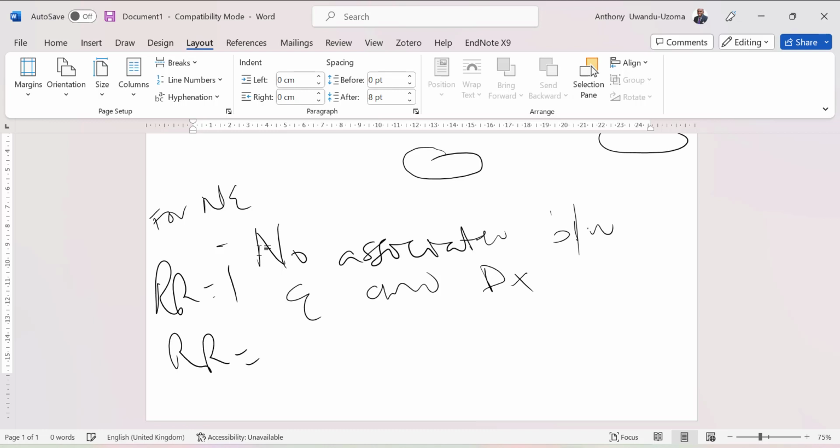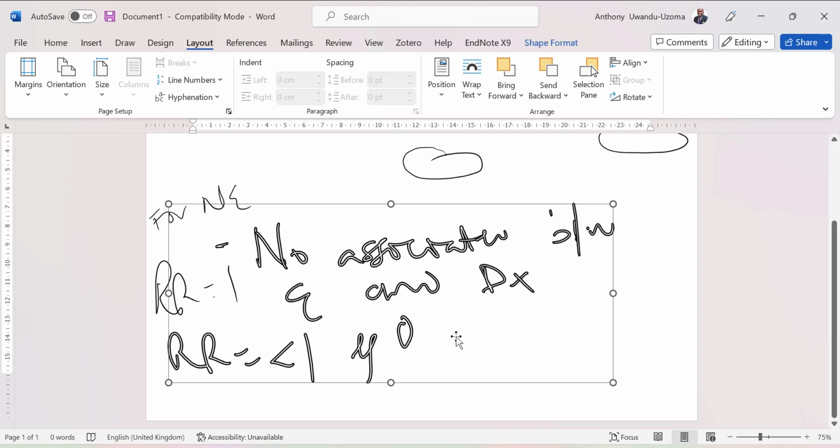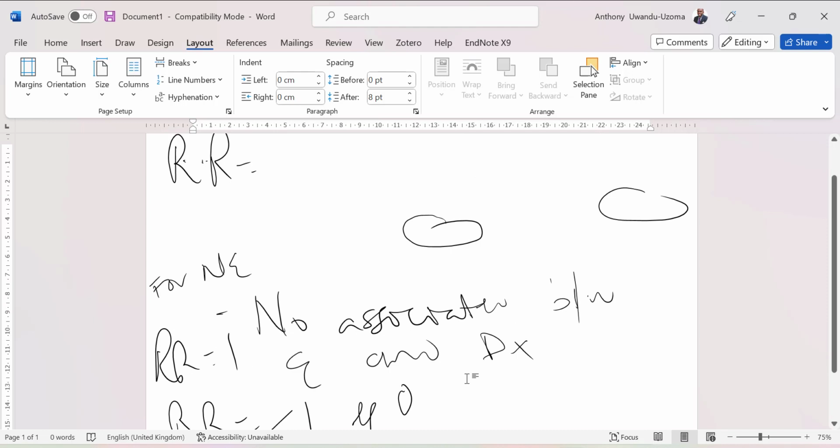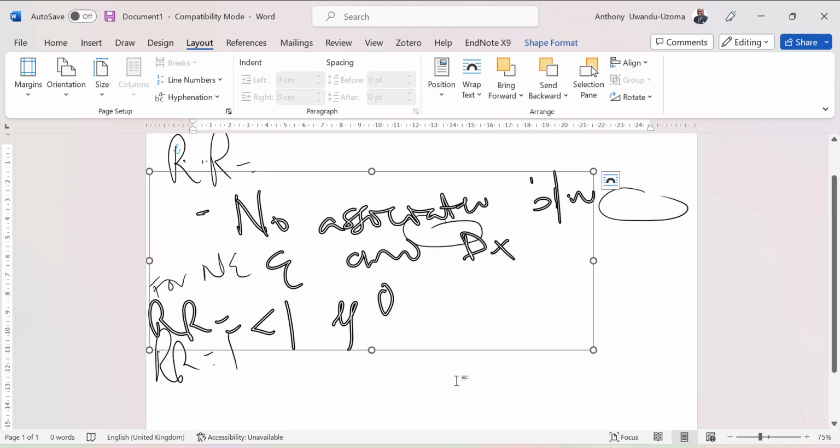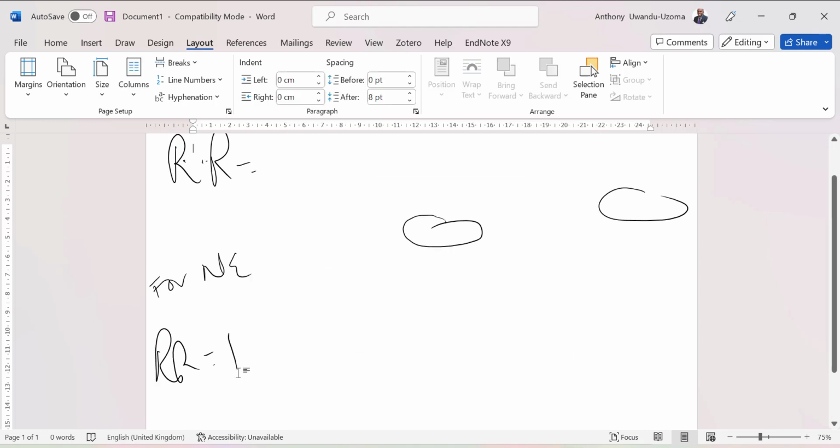When it is less than 1, you will say that there is a negative association between exposure and outcome. Then when the relative risk is above 1, there is a positive association between the exposure and the outcome.